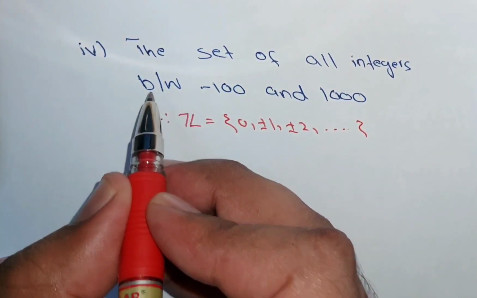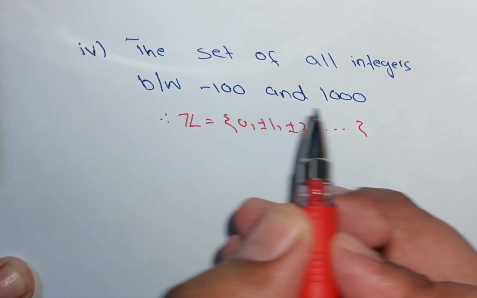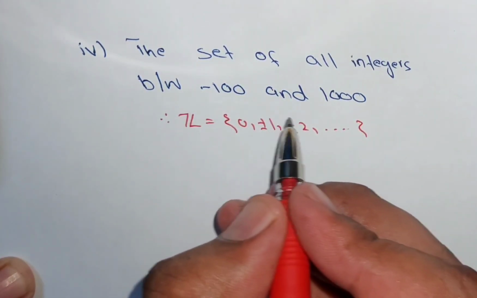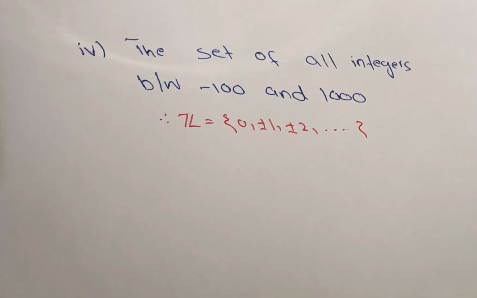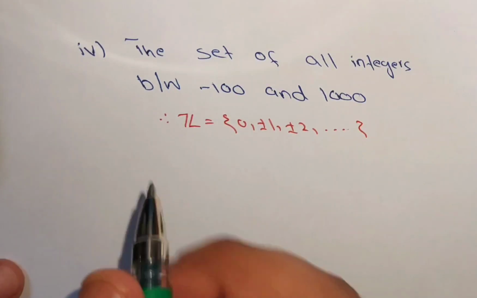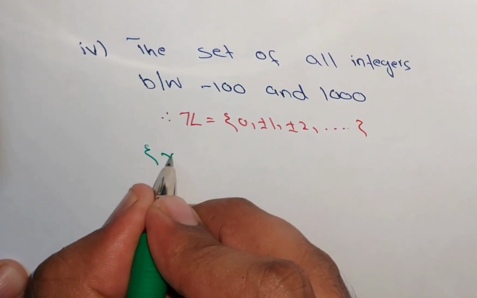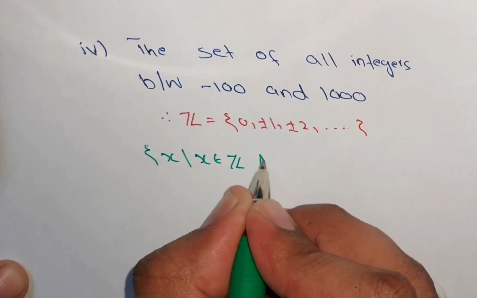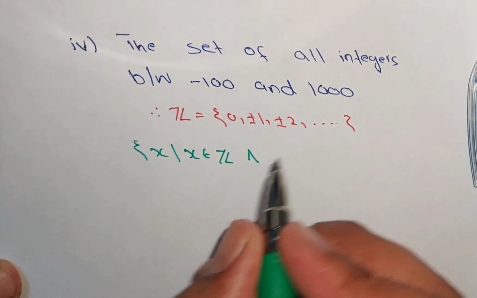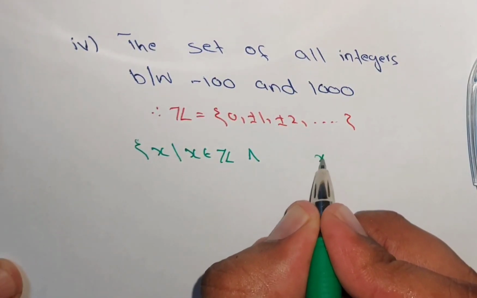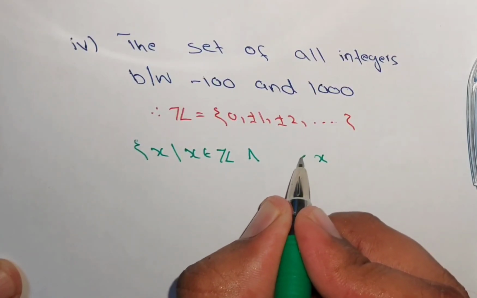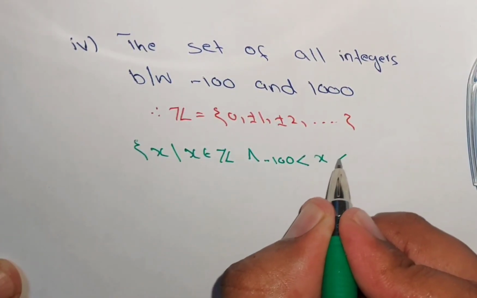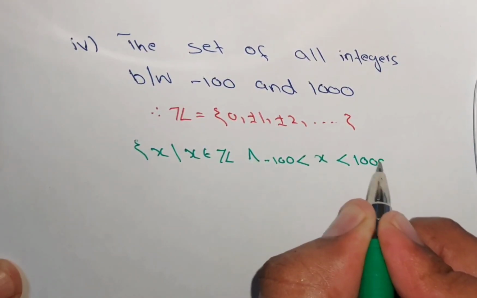This means minus 100 is not included, 1000 is not included, but all values between these are included. So we write the set builder form as: we are taking an element x such that x belongs to the set of integers, and x is strictly greater than minus 100 and strictly less than 1000.